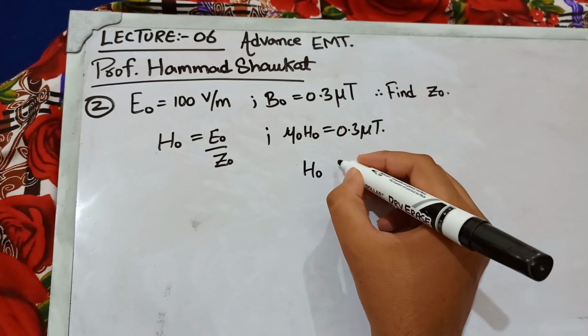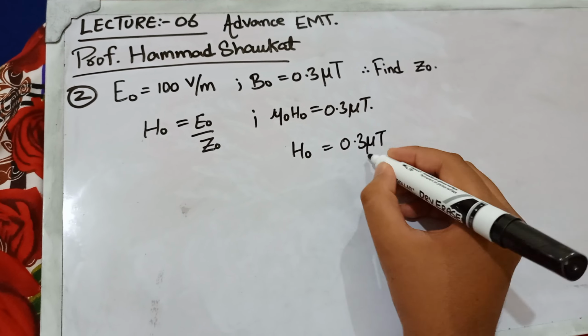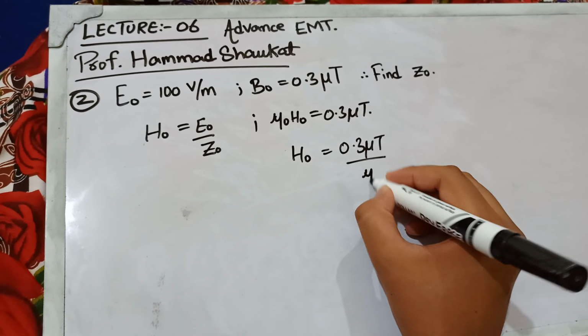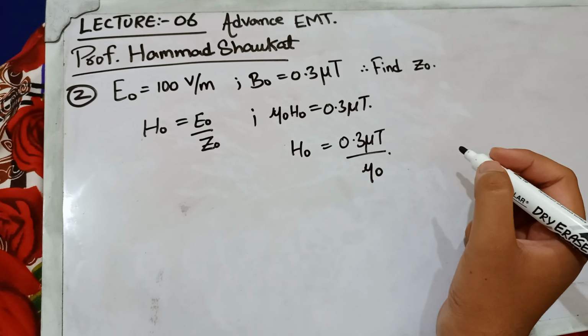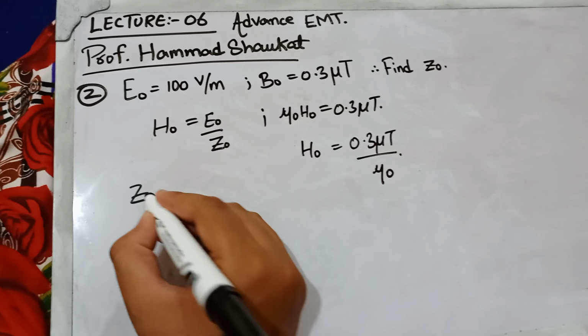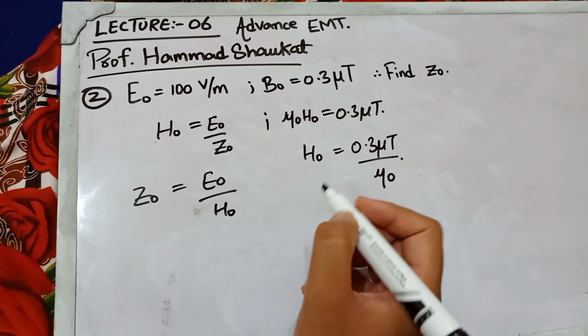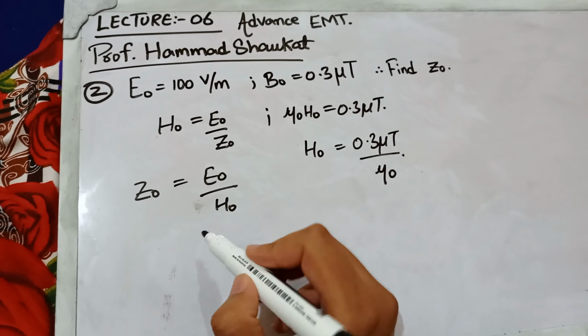So H naught becomes equal to 0.3 micro Tesla divided by mu naught. Now move Z naught to the upper side, because we have to find Z naught. It becomes E naught divided by H naught. Now you have to put the value of H naught here.